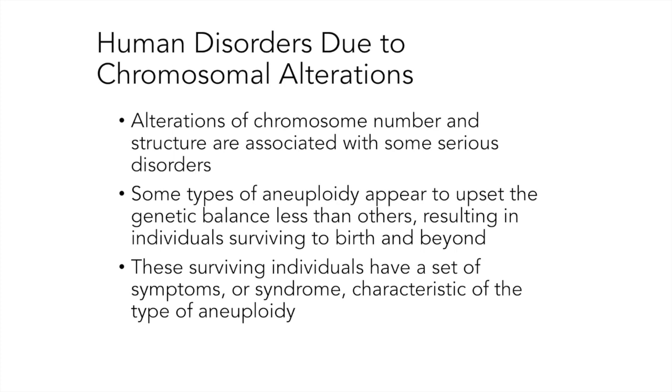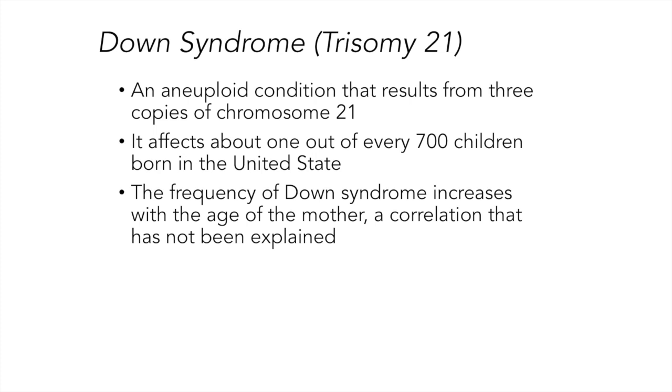Maybe you can guess where I'm going with this, but for those of you who don't like suspense, the most familiar example of an aneuploid condition, and the most common one, is called trisomy 21 or Down syndrome.